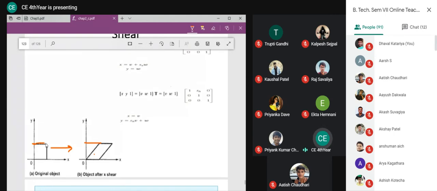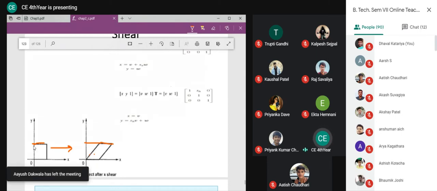The height of all these pixels will remain the same. So what is my point here? I am not changing my y coordinate. I have stretched it in the x direction by holding this as it is. That's why my y coordinate is not changed. Only my x coordinate is changed.